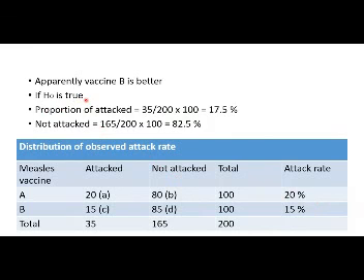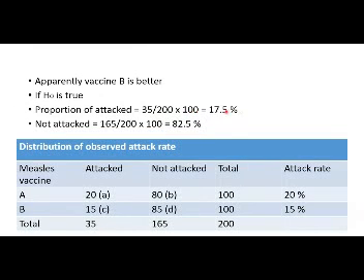If the null hypothesis is true, this means that the attack rate will be the same in both cases, in case of vaccine A and B. Thus, the proportion of attacked, the total attacked, is 35 out of 200.